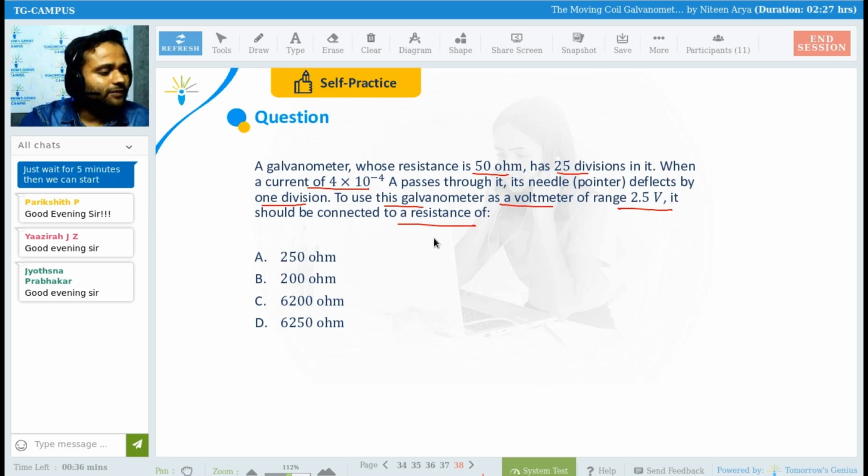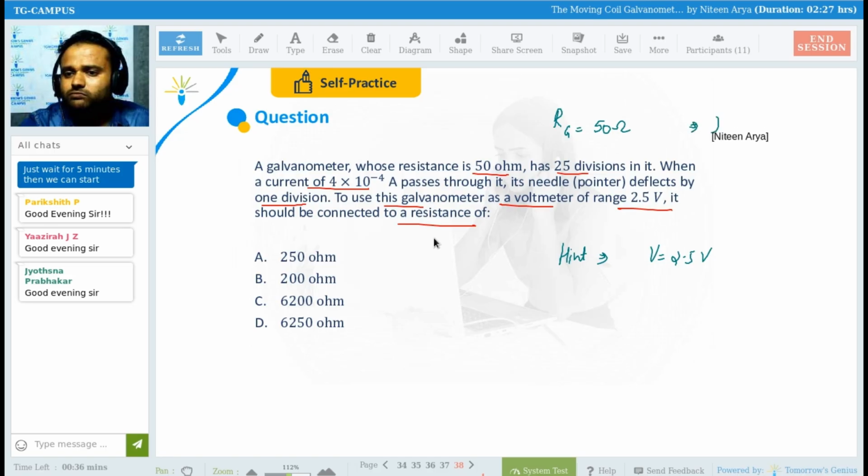So you need to tell me the resistance which needs to be connected to convert this particular galvanometer into a voltmeter, and this is your voltage also. Then division is given. This is a galvanometer which has a resistance Rg. Current is given, so everything is given.